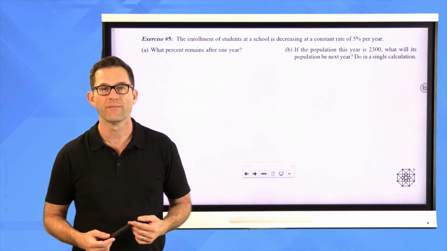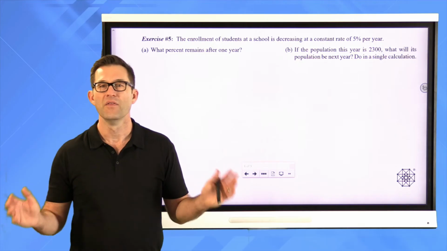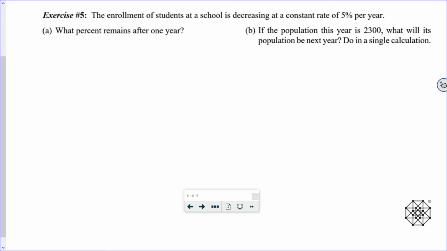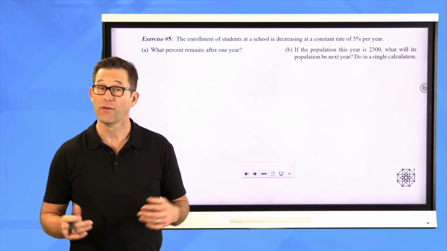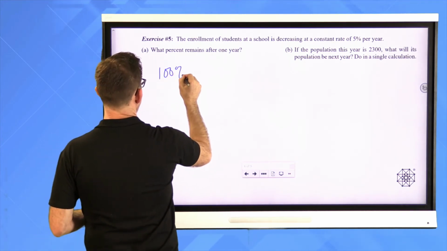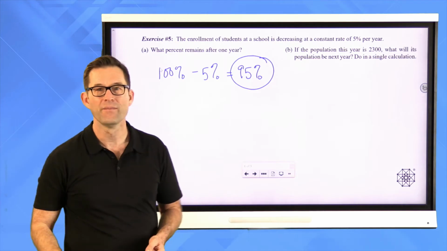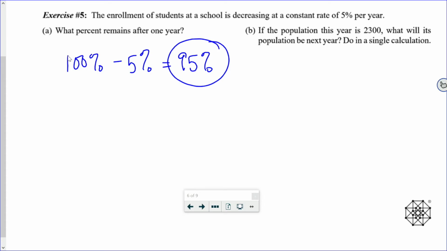Exercise number 5. The enrollment of students at a school is decreasing by a constant rate of 5% per year. All right, this is simple. Letter A, what percent remains after 1 year? Well, if we start with 100% and we subtract 5%, then 95% remains. Letter B, if the population this year is 2,300, what will its population be next year, doing a single calculation?